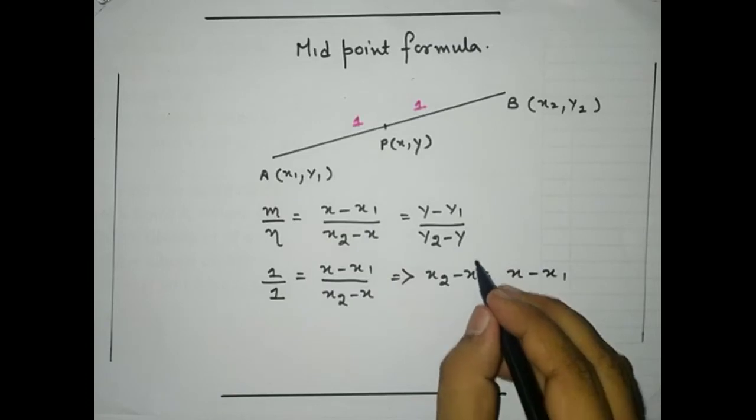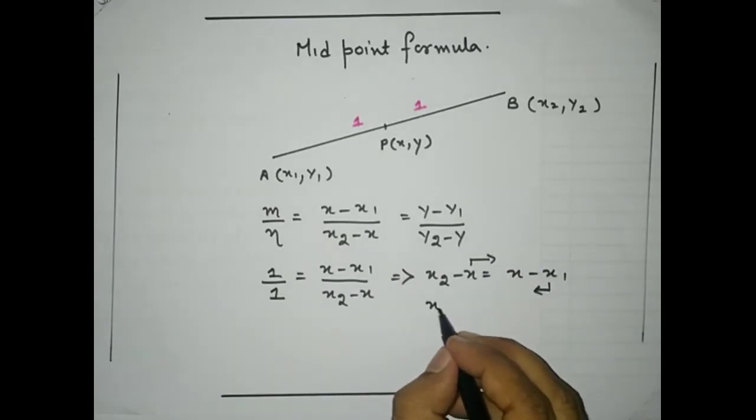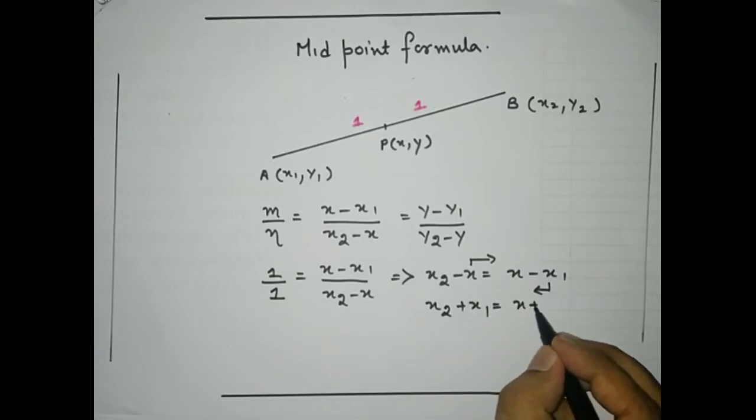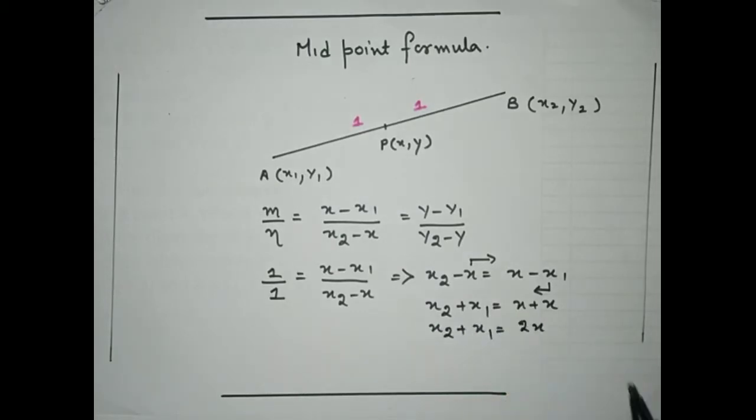So let me collect x on the right hand side and take this x1 on the left hand side. So it will become x2 plus x1 is equal to x plus x, that is 2 times x. When this 2 comes to this side, it will divide. So it becomes x2 plus x1 over 2 is equal to x.